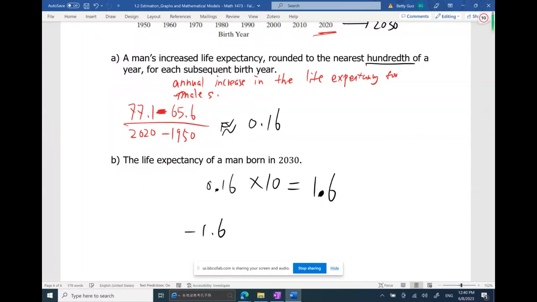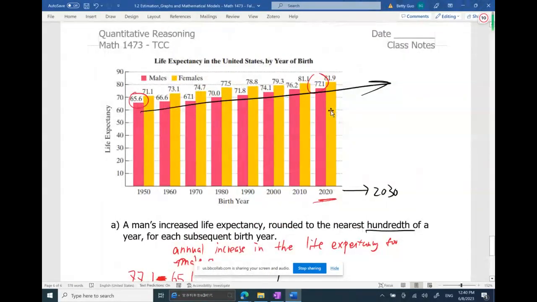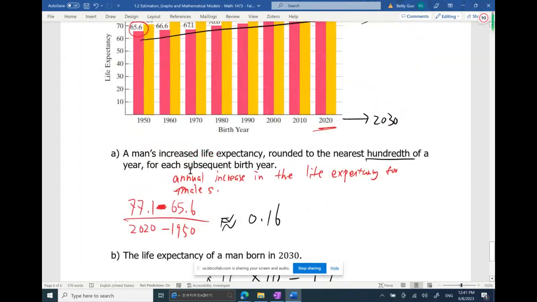And then we add 1.6 on top of the life expectancy in 2020, 77.1. Add them together, we have 78.7. So we can use 78.7 as the estimate of the life expectancy of a man born in 2030. That's a prediction, an estimation based on the trend and the annual increase in life expectancy of male.